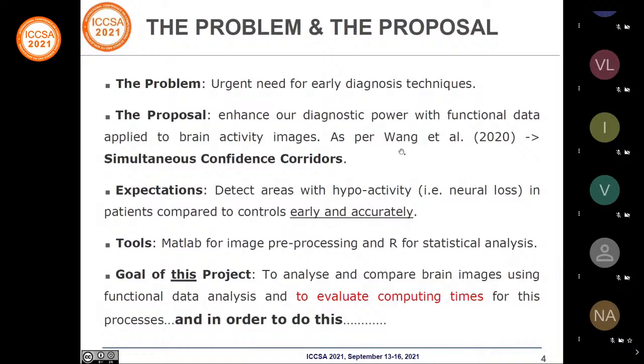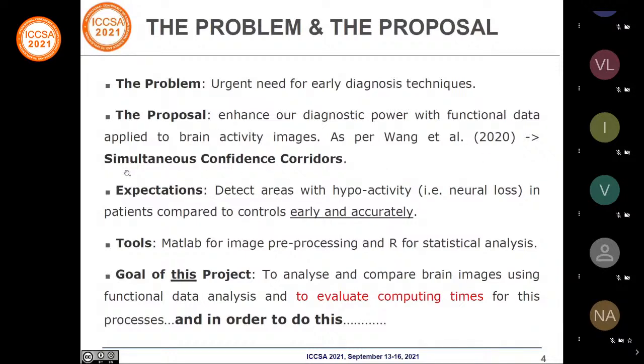So my thesis is dedicated to looking for new statistical methods which can give us better insights on the data that we already have. We have neuroimaging data, and what we want is an early diagnosis. One of the proposals is the use of functional data analysis.